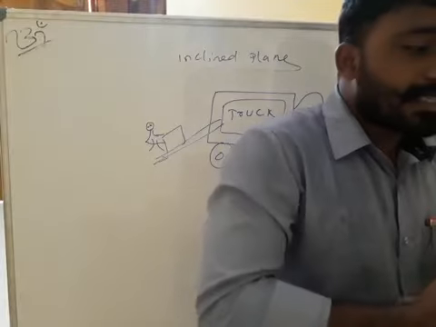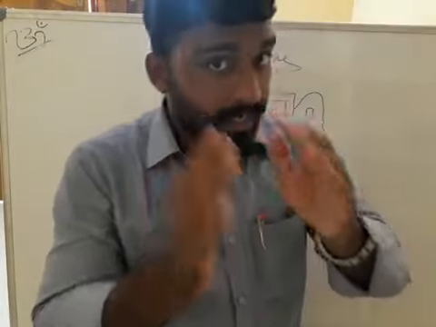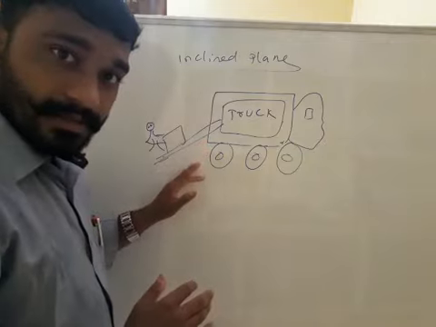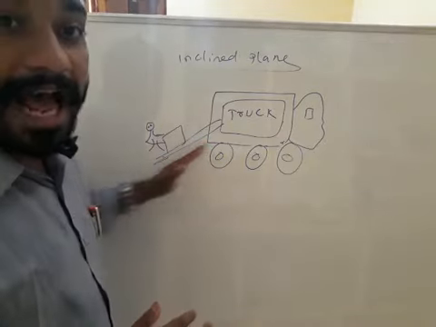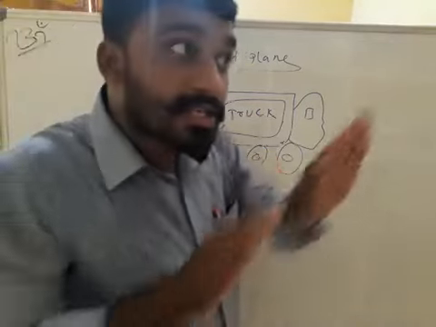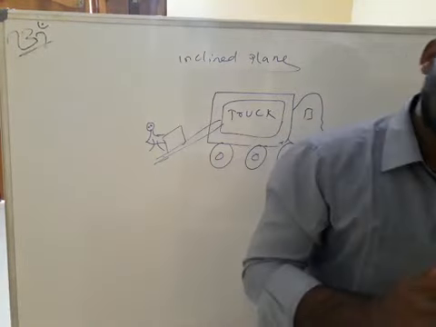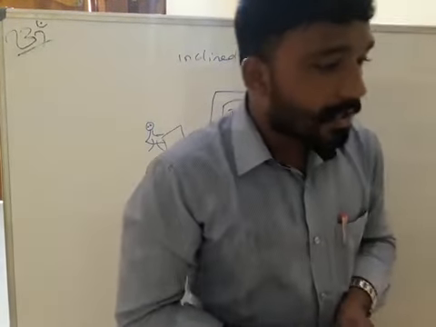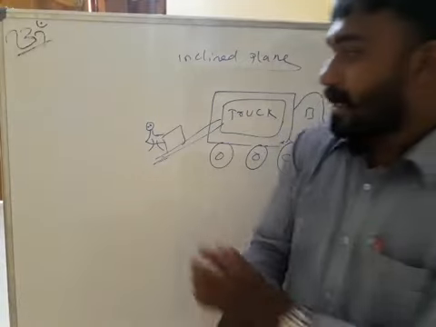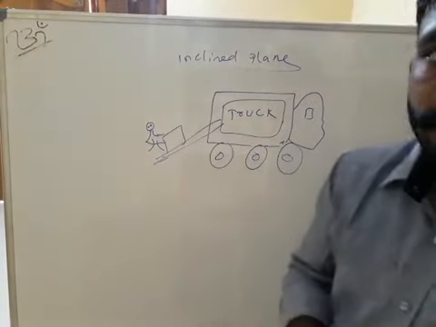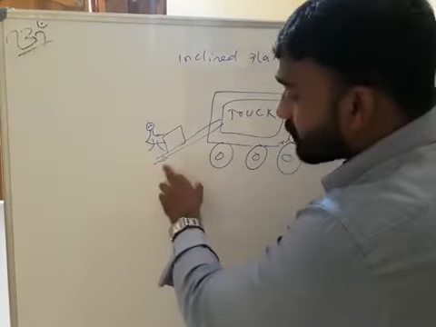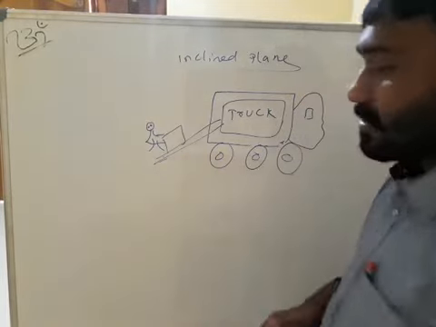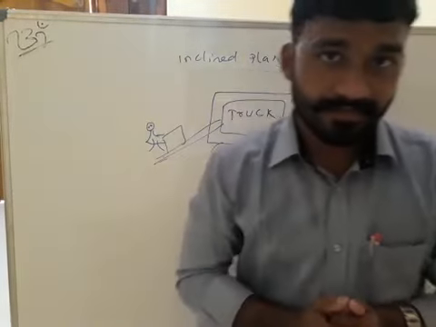An inclined plane is a simple machine which has a flat sloping surface. One end is joined with the ground, and the other end is at a little height.